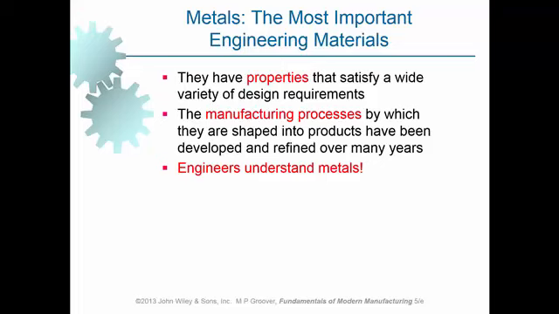Say, for example, compare what we know of metallic materials in terms of their properties with ceramics. We know a lot more about metallic materials. The reason is we make use of metallic materials in almost every product that is made.